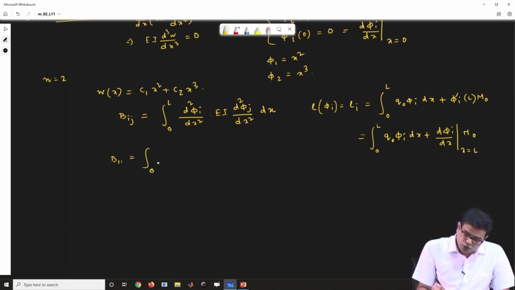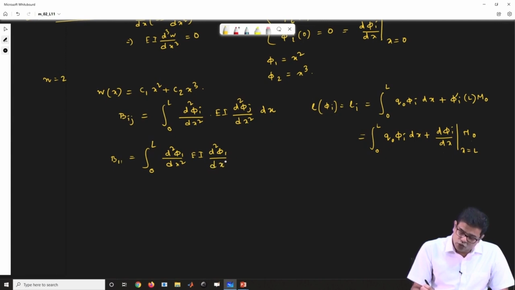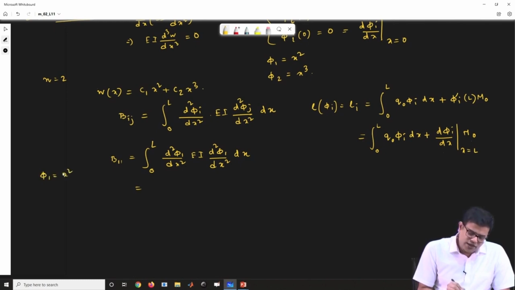So suppose integral 0 to L d2 phi 1 by dx2 and EI d2 phi j by dx2 into dx. So phi 1 is my x square. So naturally, what is my d phi 1 by dx? D phi 1 by dx is 2x, and d2 phi 1 by dx2 is 2.